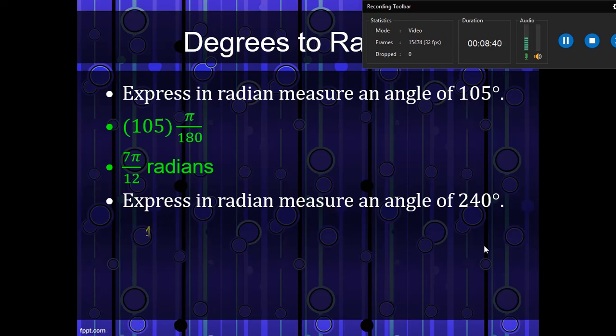We're still going to convert it the same way, but just know that your fraction will no longer be a proper fraction. It's going to be an improper fraction, usually greater than 1. So if I put in 240 over 180, it will reduce to 4/3 pi. And I know 4/3 pi is greater than 1. So I've gone past the halfway mark and I'm working on 2 pi radians. I'm trying to head back to 360.